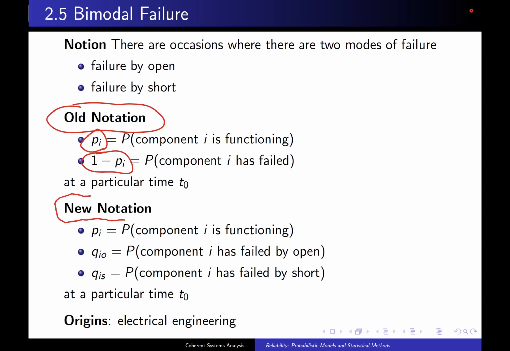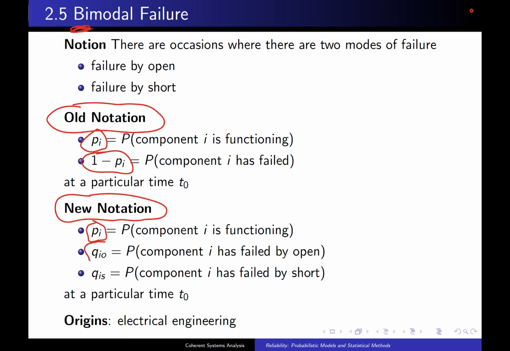With the new notation, it turns out that P sub I remains the probability that component I is functioning, but now there are two different ways that an item can fail, and that's why they call it bimodal failure.